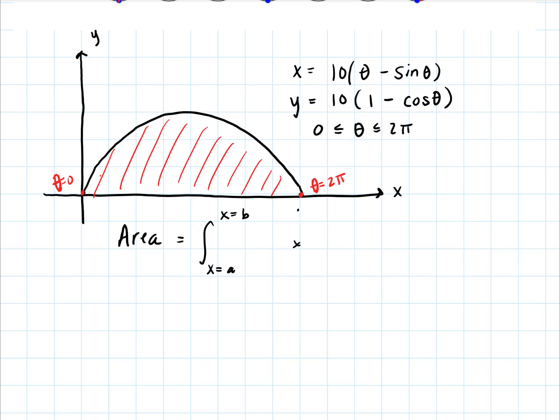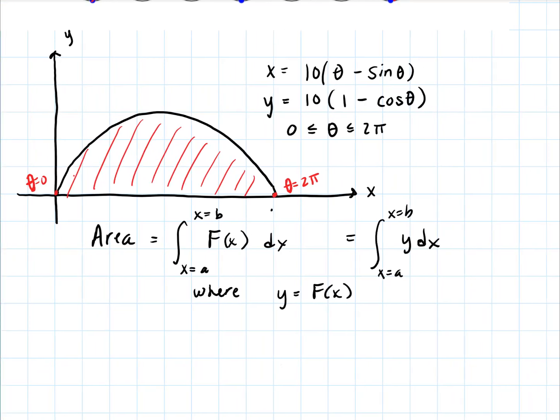Well, let's write it this way first. It would be some capital F of x dx, where y equals capital F of x. So we could write that as the integral from x equals a to x equals b of y dx. Okay? That gives me my start as to what I am going to do here.